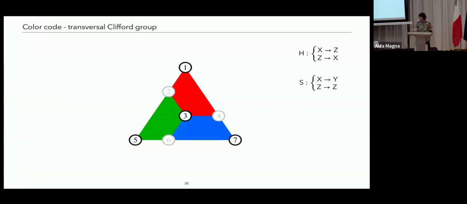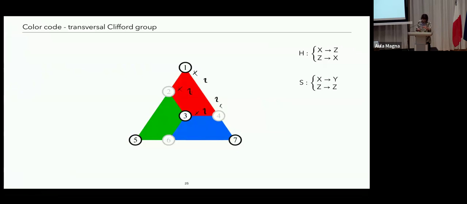To start with, I'm going to introduce the color code. The color code should be your friend, as the planar code is. It's the second best candidate around, and it's described like this. Qubits are on vertices, so I have 7 qubits here. I have X and Z operators that are the same, which means that I have an X operator supported on this red face, but I also have a Z operator supported on this face, right?